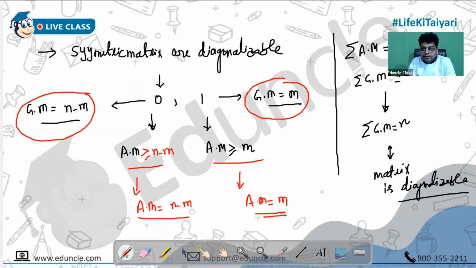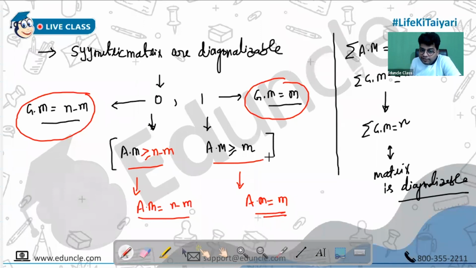Am I clear? So in this case, I think it is clear what diagonalizability means, and algebraic and geometric multiplicity are also clear. I will discuss some problems on algebraic and geometric multiplicity too. Done. So the algebraic multiplicity is greater than or equal to n minus m, and greater than or equal to m, and the sum of algebraic multiplicities is always equal to n.